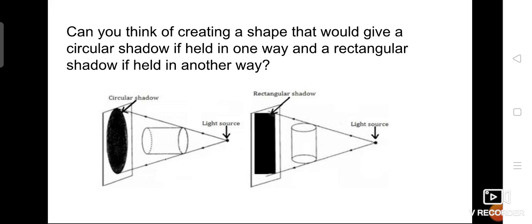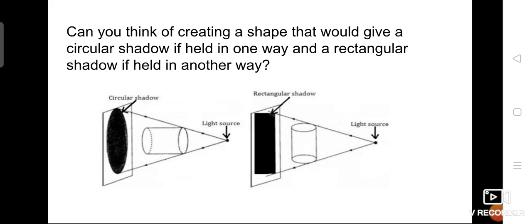Suppose take a car. Imagine a car is there and the sun is on the top, that is, it should be nearly noon time. From the top, only the lower portion alone will form the shadow. It remains like a rectangle, but actually the car's shape is somewhat different, isn't it?